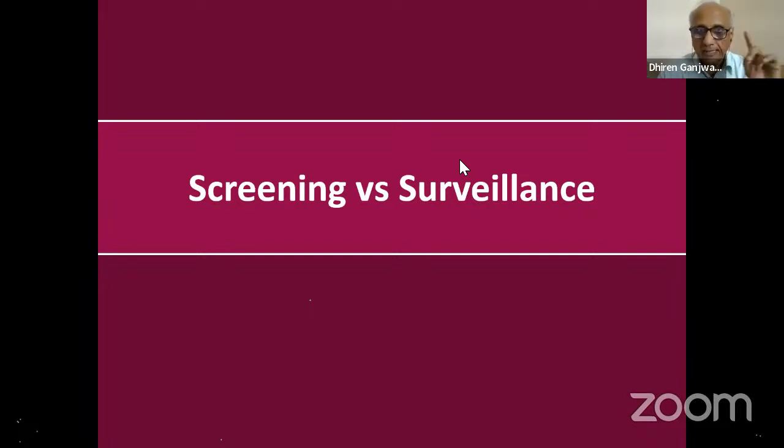That's screening. That has to be done once. But if there is someone at the border between India and Pakistan, and they have checked that everything is okay at 10 p.m., that does not give us a guarantee that at 11 p.m. everything is going to be all right. So there we have to be vigilant constantly, and for that, we use the word surveillance.